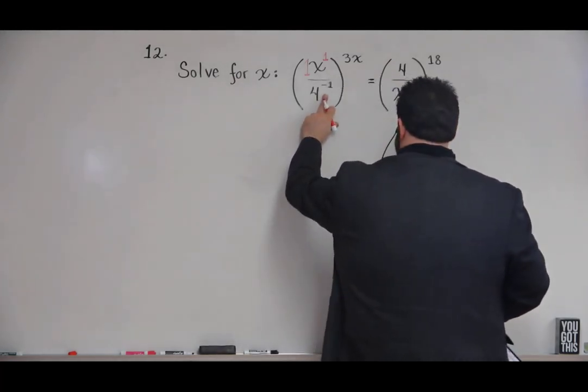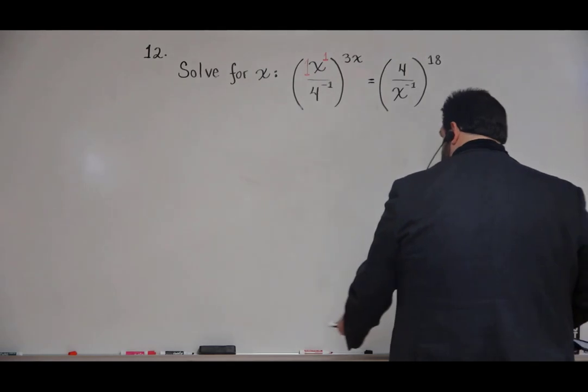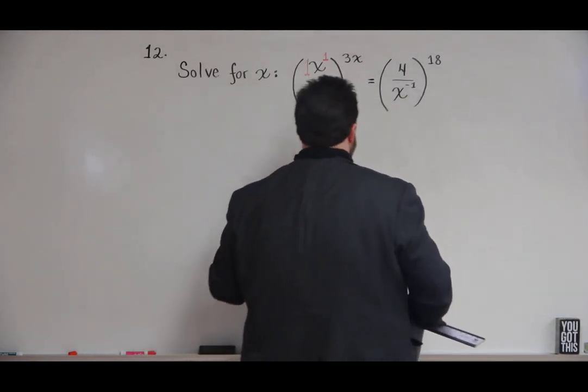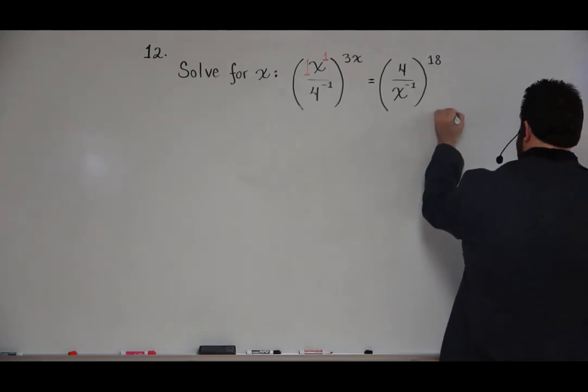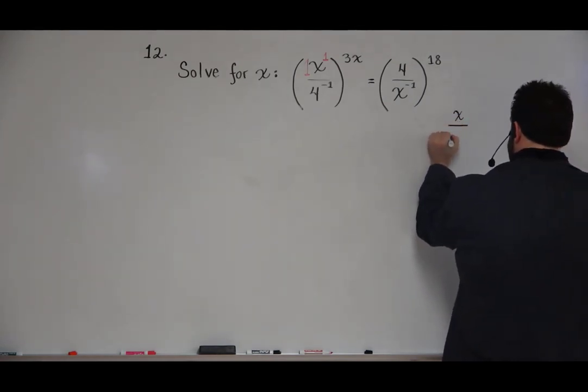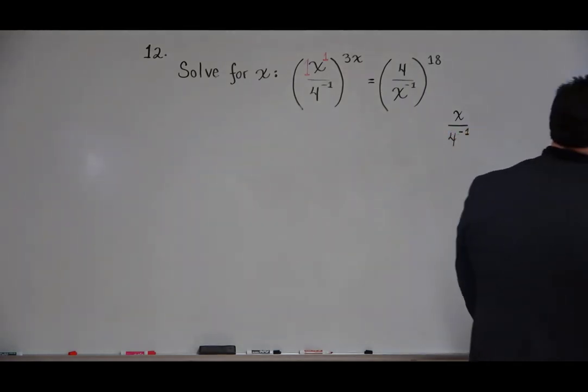Now, I noticed this situation, so I want to examine it a little bit more closely. Let's go over here. I've got x over 4 raised to the power of negative 1.